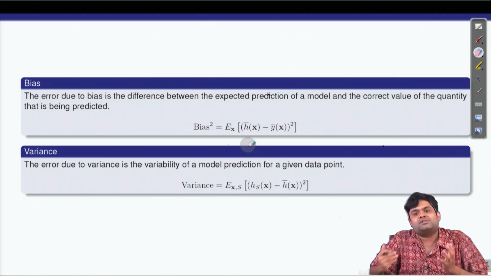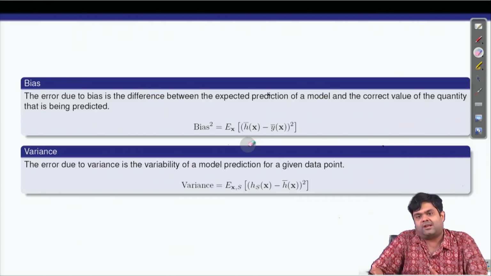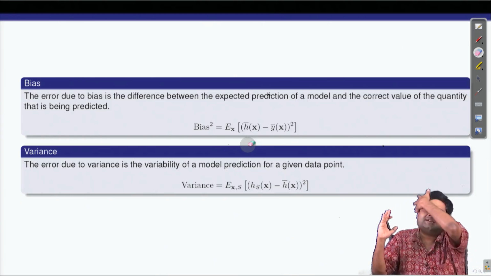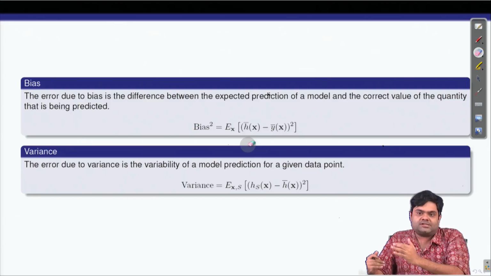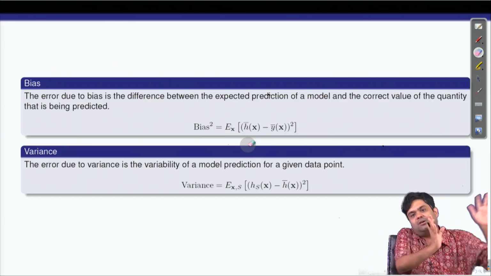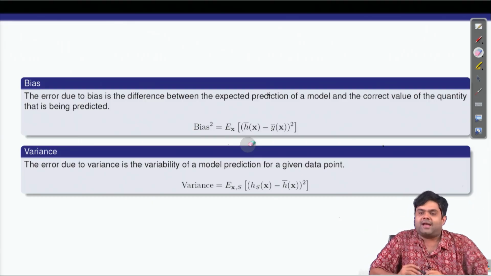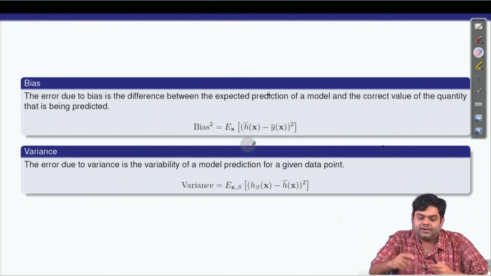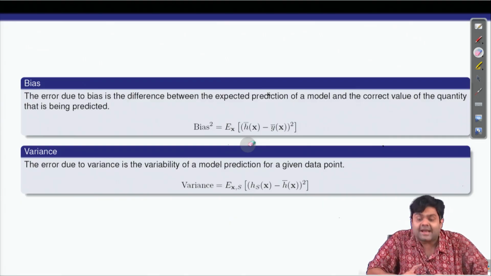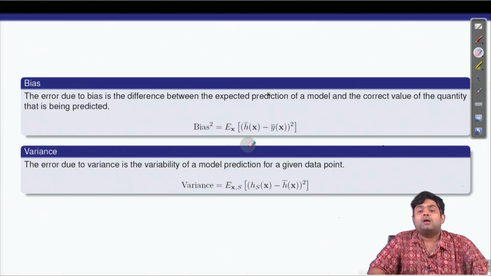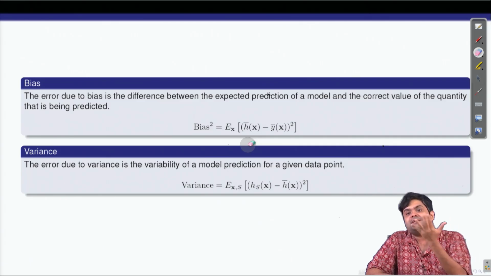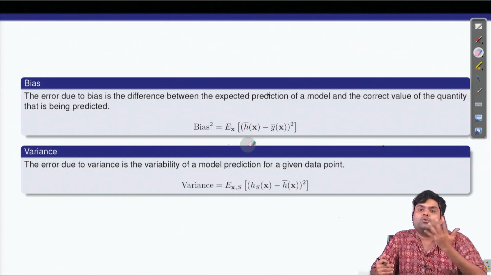So, these kinds of constraints are already there when you are building an algorithm, and hence you have to start with certain constraints. That constraint will almost certainly be reflected in your model, and this inherent difference between the model and your algorithm is the bias. And the second thing was the variance, which is how much the algorithm is sensitive to your particular data. If the data set changes, how drastically the algorithm changes.